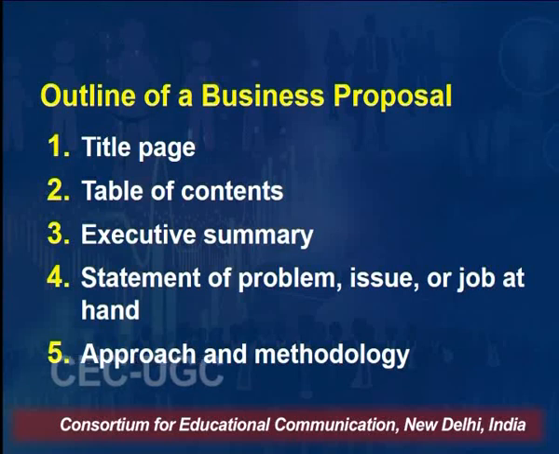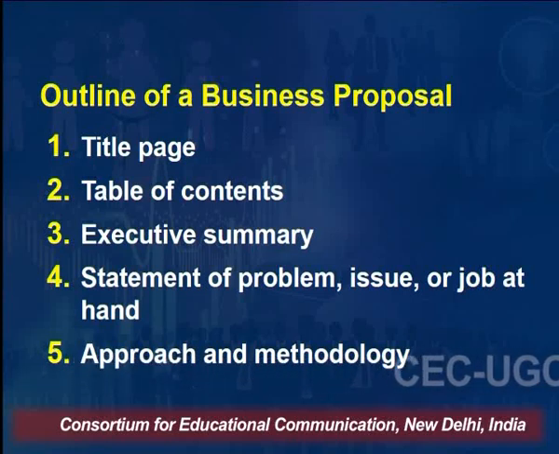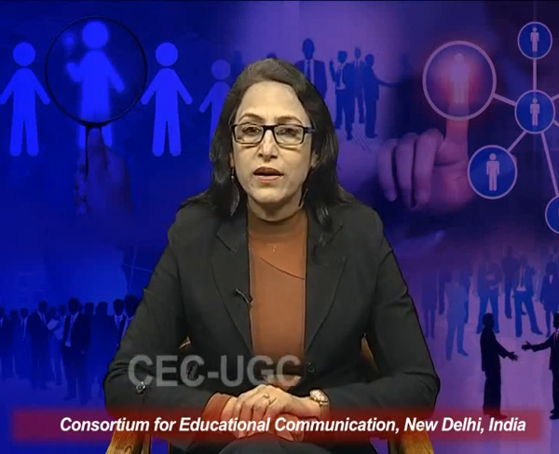The third head in the business proposal is the executive summary. This executive summary is basically a very brief of almost everything that is there in the proposal, but make sure those three things which we discussed previously in the first half of the day, those three P's, problem statement, solutions offered, and the pricing, are somehow covered.